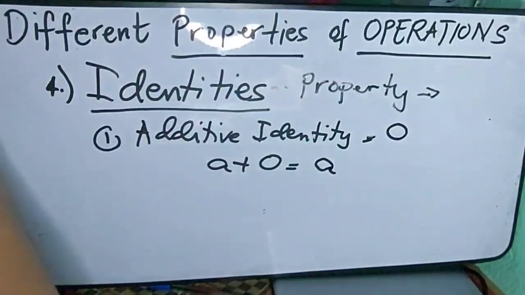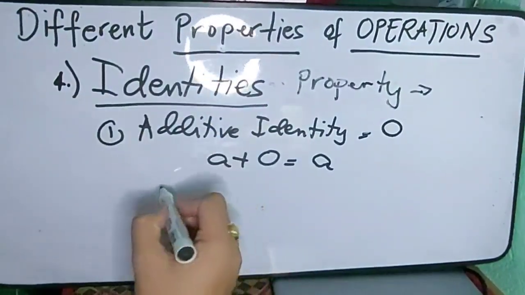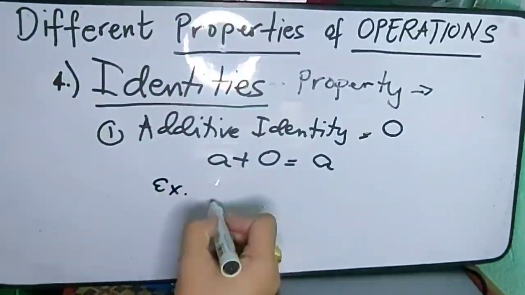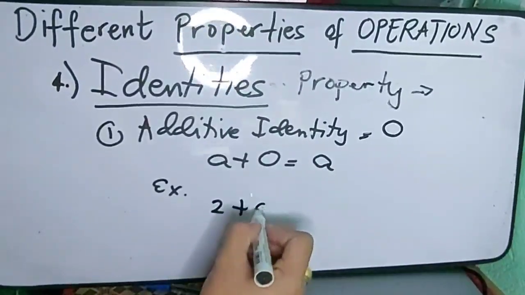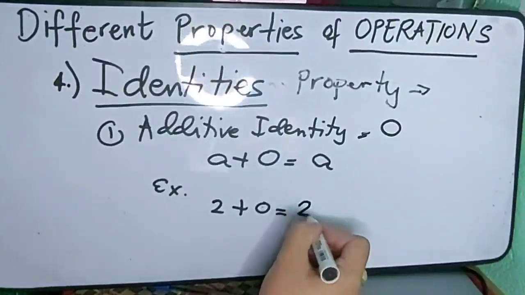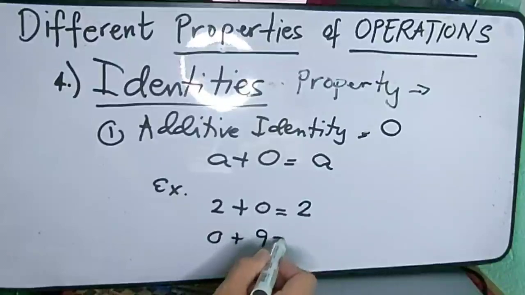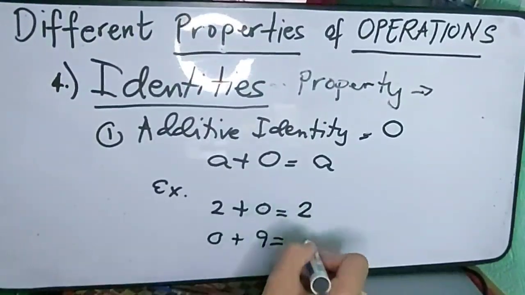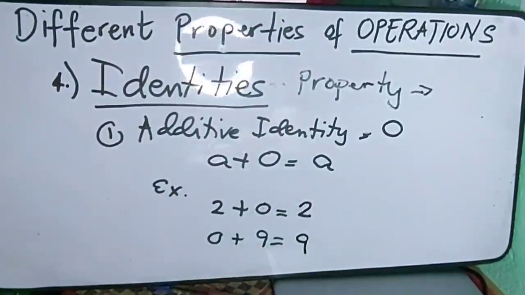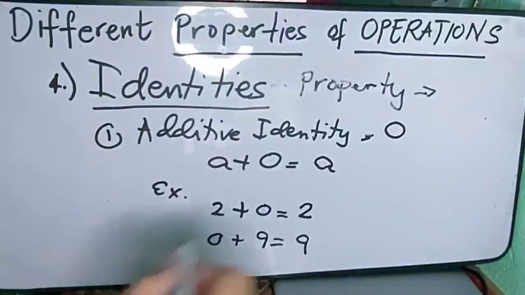Did you get it? For example, 2 plus 0. What is the answer? 2. Very good. 0 plus 9. What is the answer? 9.